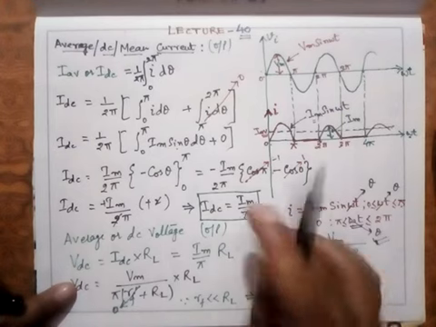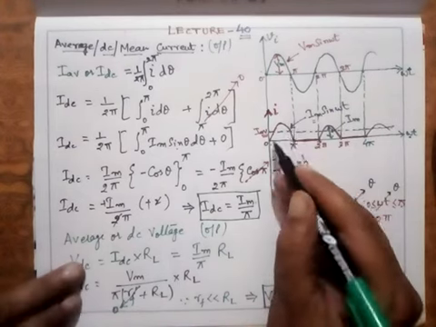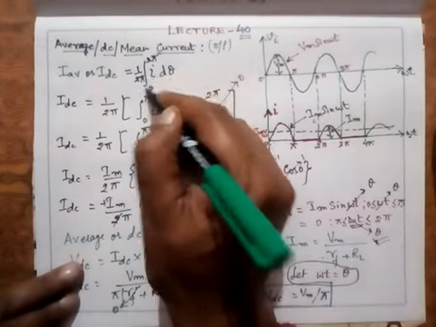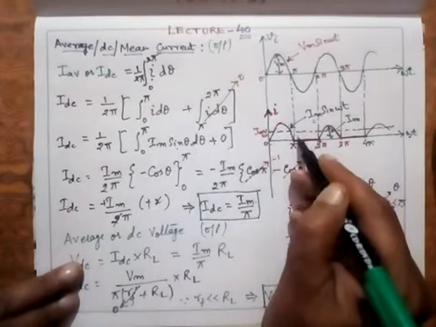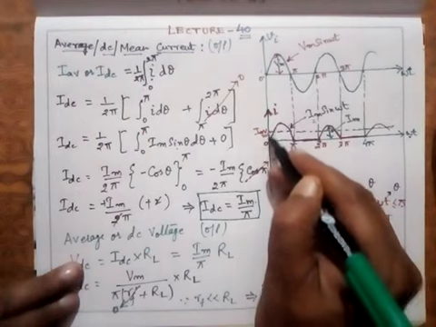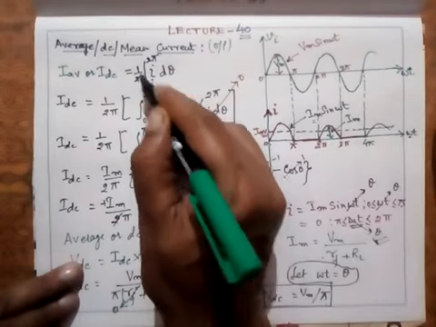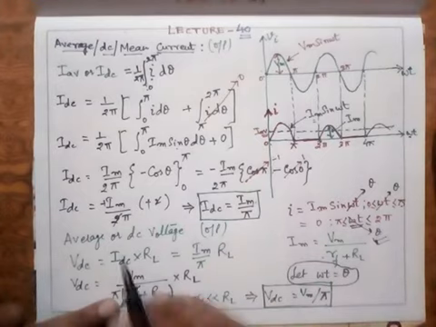I hope this is clear to you how you find the average value. Average value means area under one period divided by the time period. So the area under one period is the integration over one period of this function I. So integration of this over one period divided by the time period. I hope that this is clear to you.